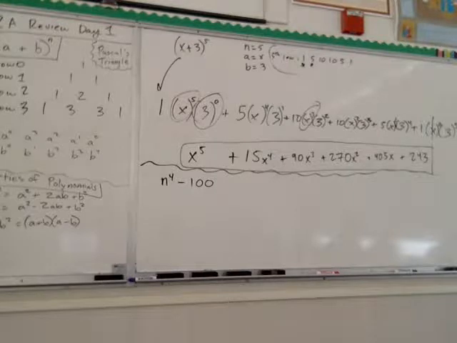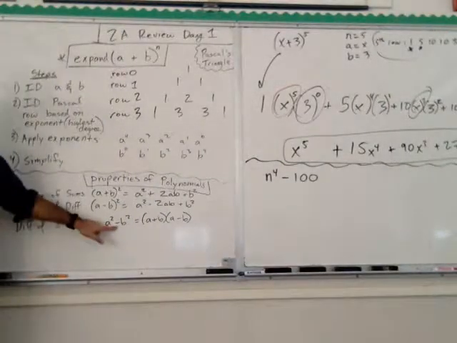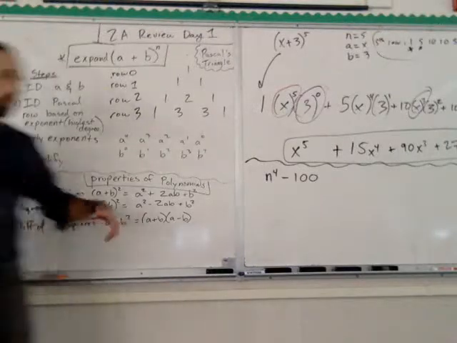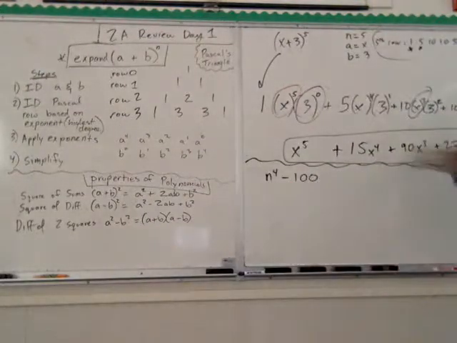I always look to see, if the expression is inside parentheses, it's possibly these two up here, but they're not like that. It's more like this form right here, a squared minus b squared, which is the difference of 2 squares. But we need to force this expression into that form.